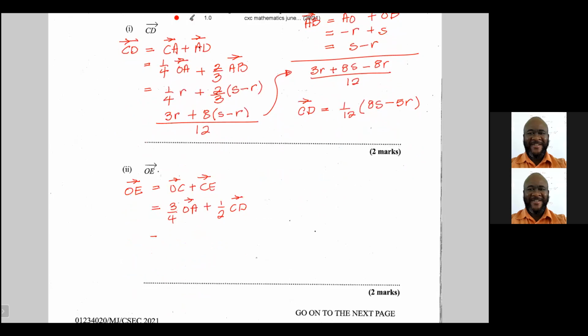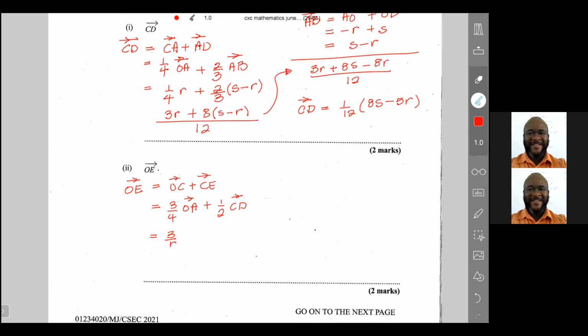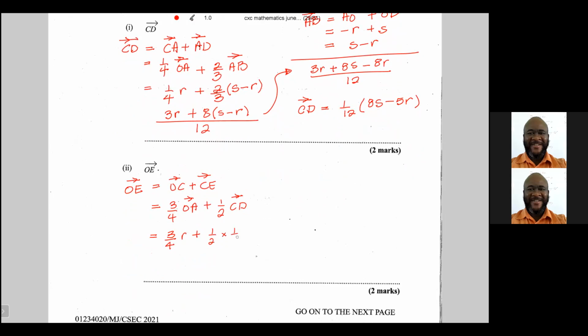So this is 3/4 of R. Slight mistake. 3/4 of R plus a half of 1/12 of 8S minus 5R.